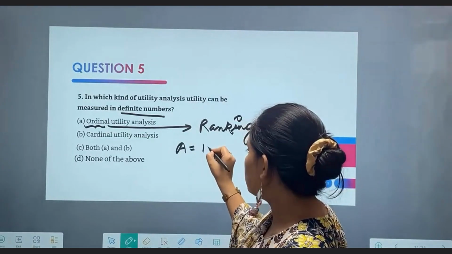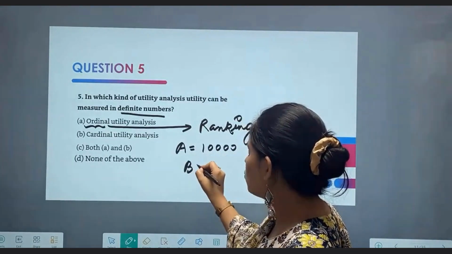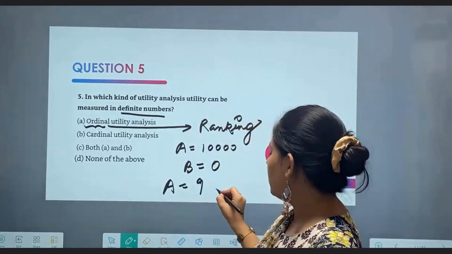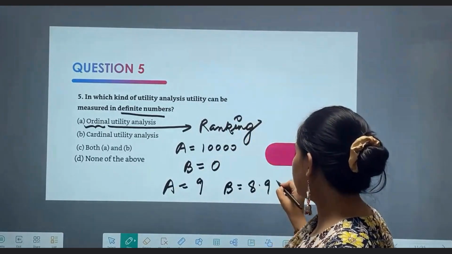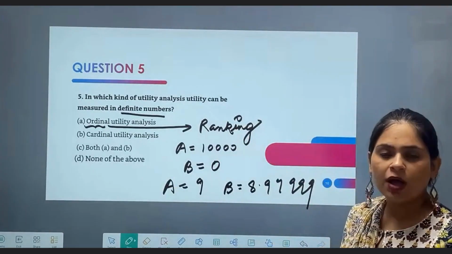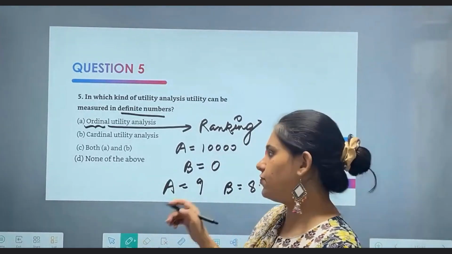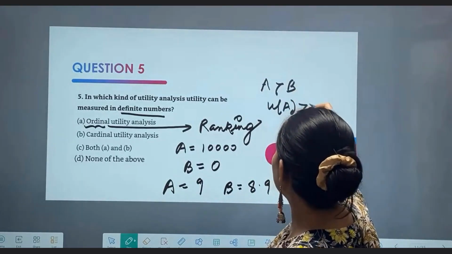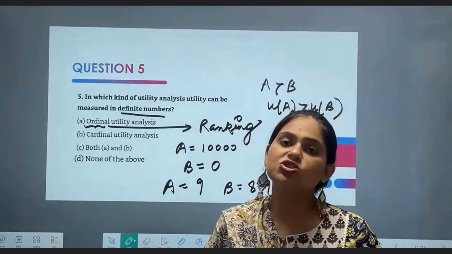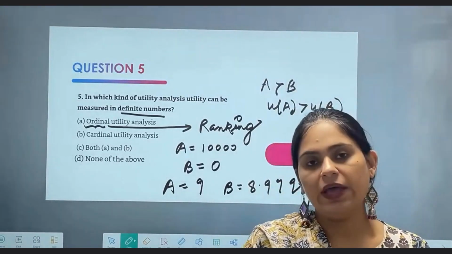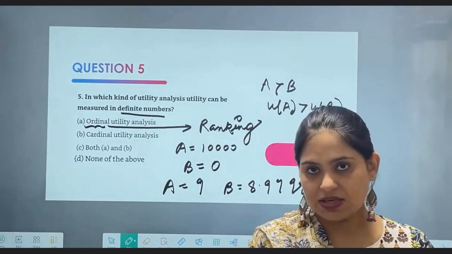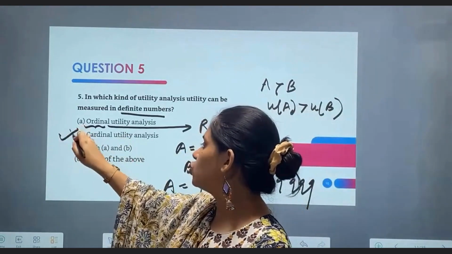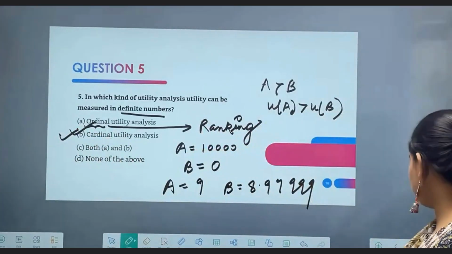Whether A gives you utility of 10,000 and B gives you utility of 0, or A gives you utility of 9 and B gives you utility of 8.99999, both are equivalent situations for me, that A is preferred to B, that utility of A is more than utility from B. It does not matter to me what the numbers are. It only matters what the ranking is. That is what ordinality says. So all of you are correct when you say it should be the cardinal utility concept.